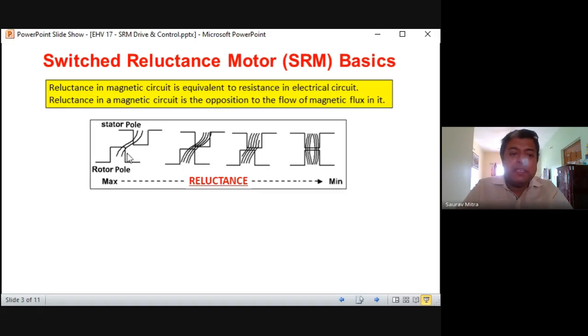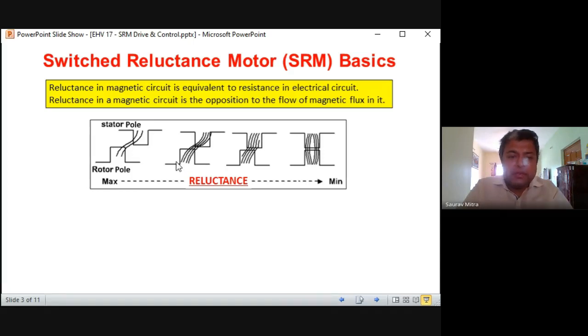In the extreme left diagram, between stator pole and rotor pole there is a huge air gap. Huge air gap means this is the maximum reluctance case. Rotor is rotating in the clockwise direction.